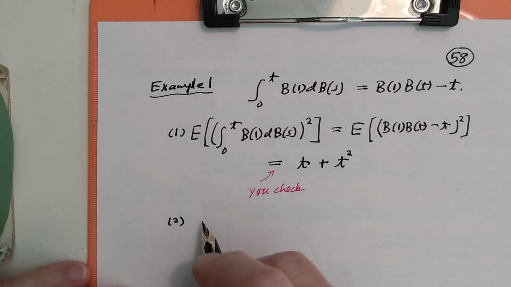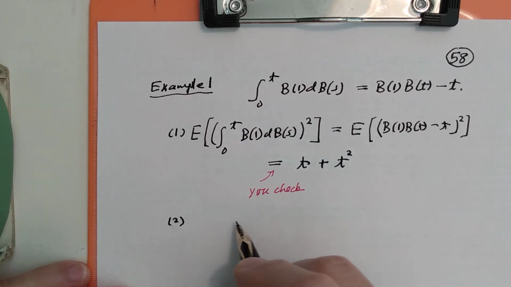On the other hand, the integrand is B_1.